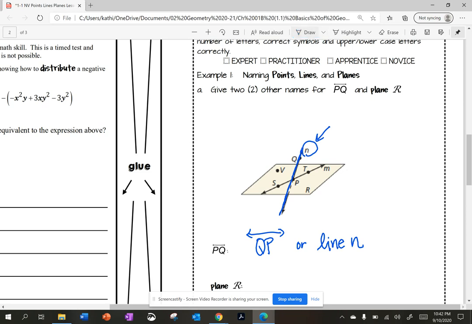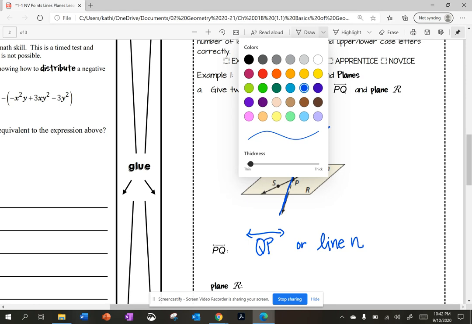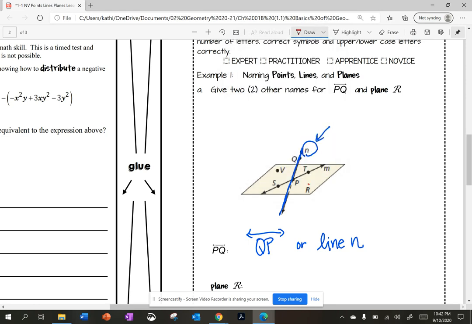Okay, what about plane R? So plane R, here's my script letter. It's usually in the corner. And I need to name 3 non-collinear points. And I use the word plane.